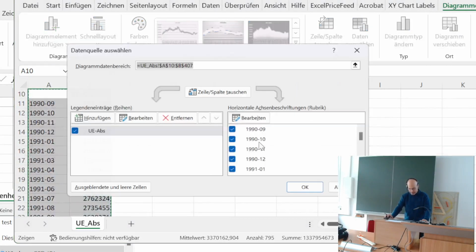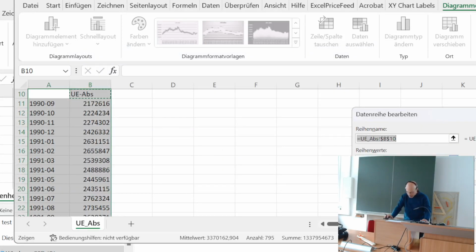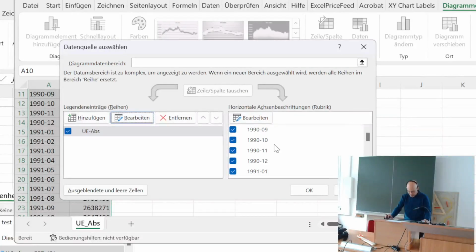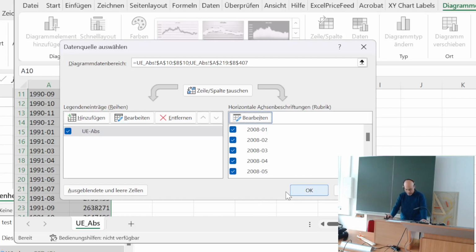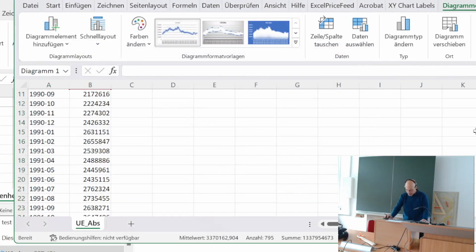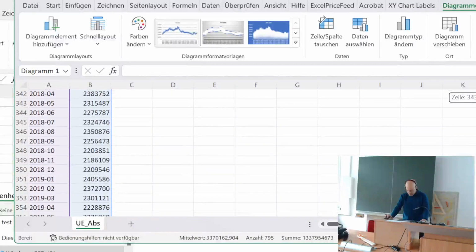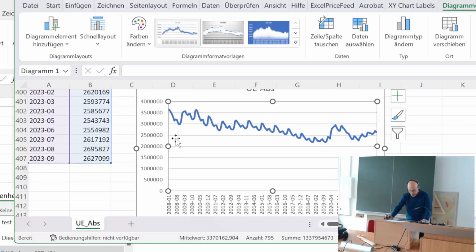Data, and then you can change here the number to 219, and of course at the time scale you also have to change the number to 219, and then we have our diagram.